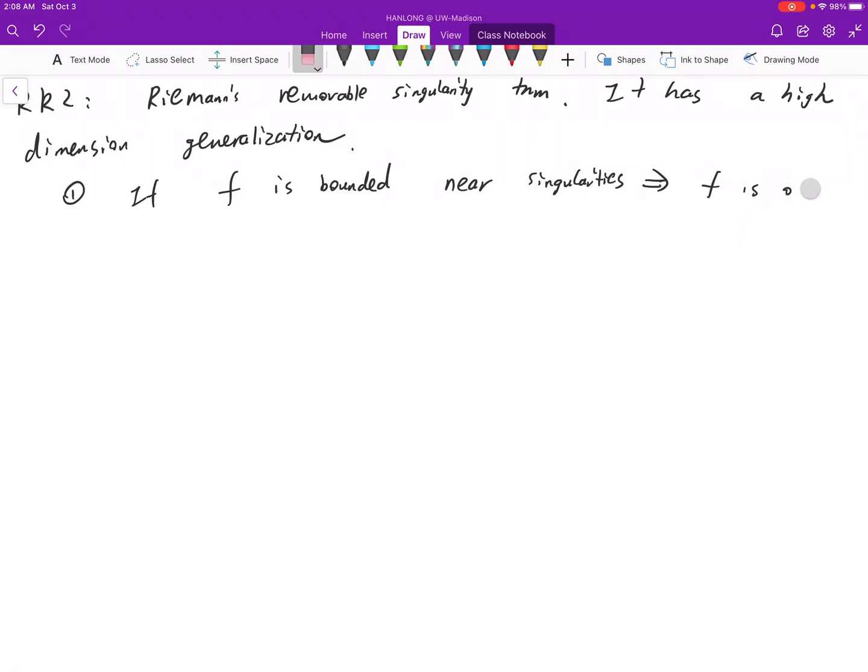Or f extends into the singularity. The singularities are just fake singularities. It's removable.